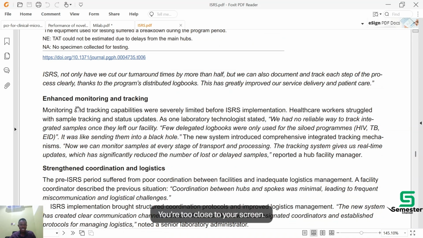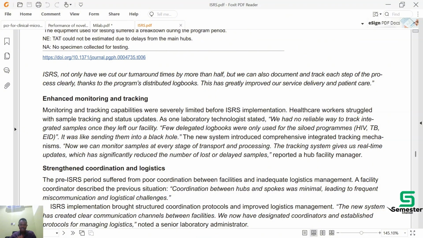So one theme was enhanced monitoring and tracking. And with this, the health worker struggled with sample tracking and status update. As one laboratory technologist stated, we had no reliable way to track integrated samples once they left our facility. Few delegated logbooks were only used for the siloed programs: HIV, TB, and early infant diagnosis.